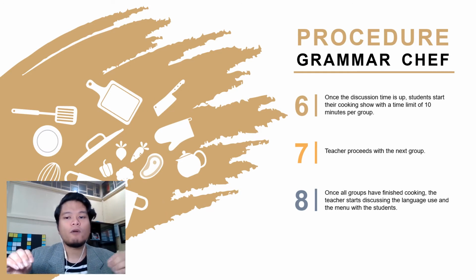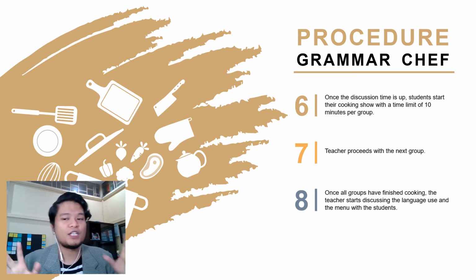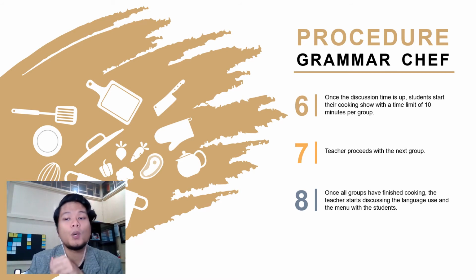Okay, so for the sixth step, which would be once the discussion time is up, students will start their cooking show with a time limit of 10 minutes per group.